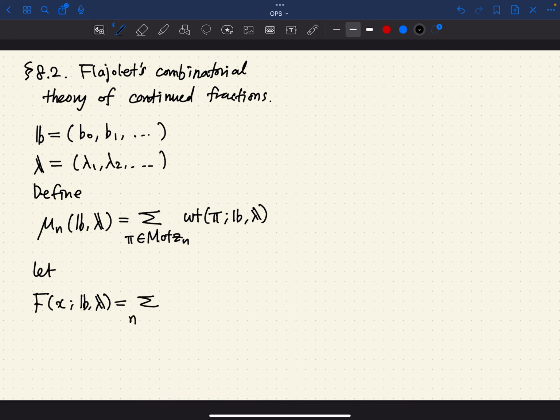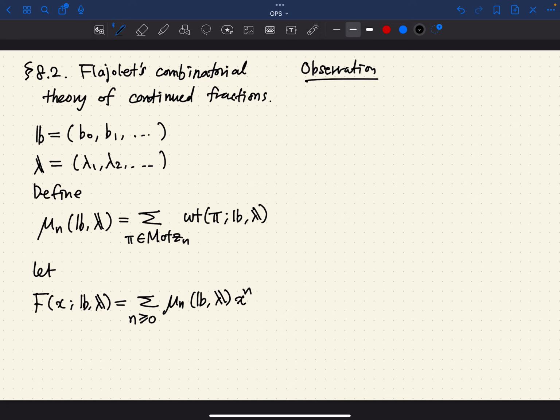And finally, let's define this generating function for all Motzkin paths with weight b, lambda. So for all n, mu_n(b, lambda) x to the n. So it's basically the generating function for the moments of the orthogonal polynomials. Now we want to investigate this generating function, and we will use the observation that we actually saw before.